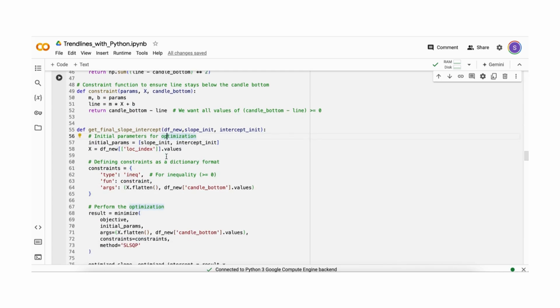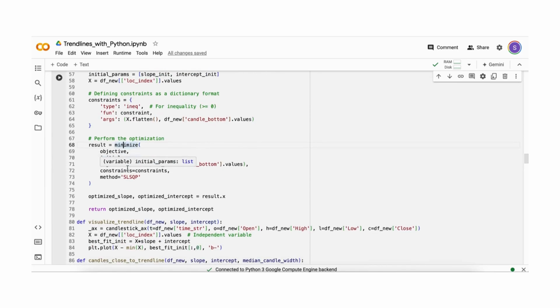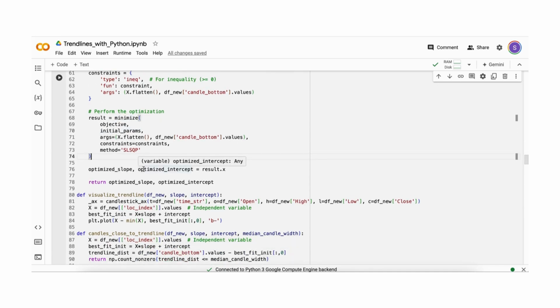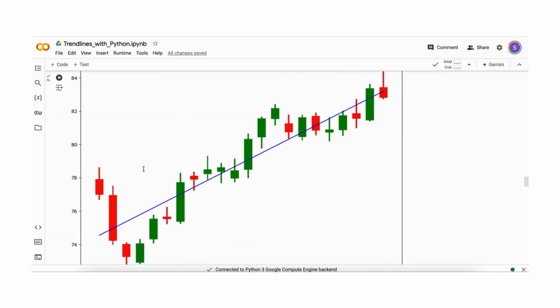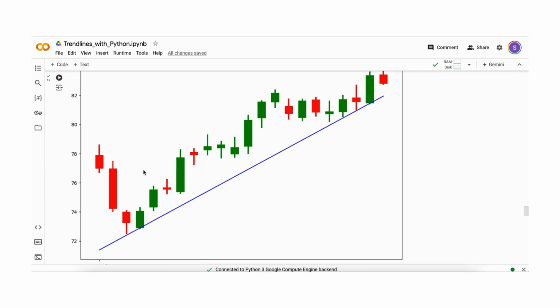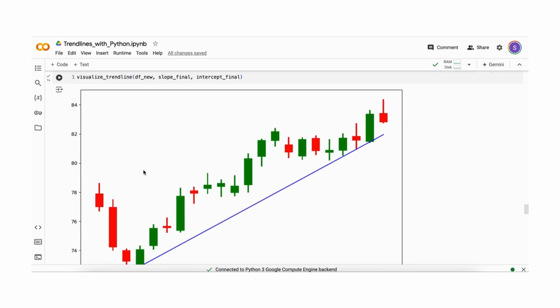So that is our constraint. And then we finally call scipy.minimize, which does the constrained optimization for us, and we find the optimized slope and intercept. So that is essentially, in a nutshell, how we can draw a trend line using Python.